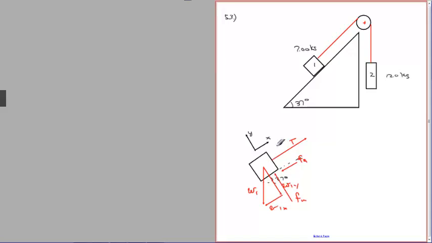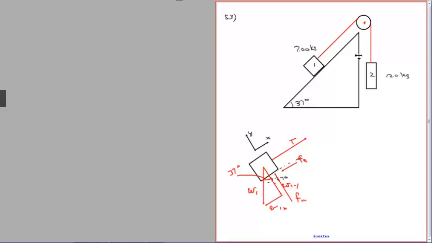A lot of stuff: tension, the weight broken into the two components. This angle is 37 degrees, because as this thing moves, if we move this down towards 0, this angle would go towards 0 as well, because this thing would rotate around that way. That's how I figured out that this angle is 37 degrees.